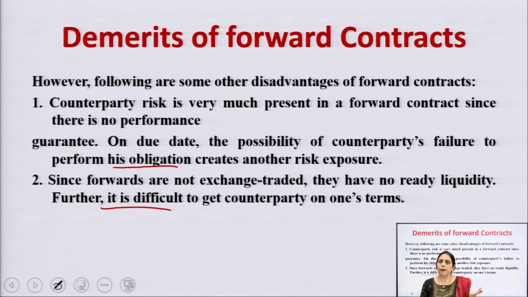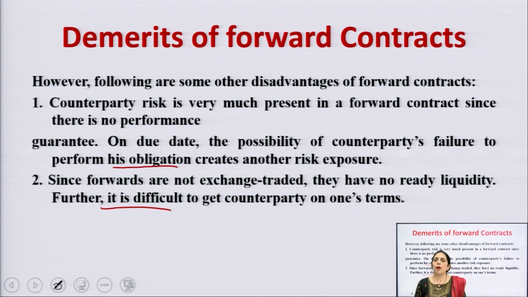Next, we discussed the features of the forward contracts. Then we discussed the types of the forward contracts. There are three types: hedge contracts, transferable specific contracts, and non-transferable specific contracts. Then we discussed the merits and demerits.